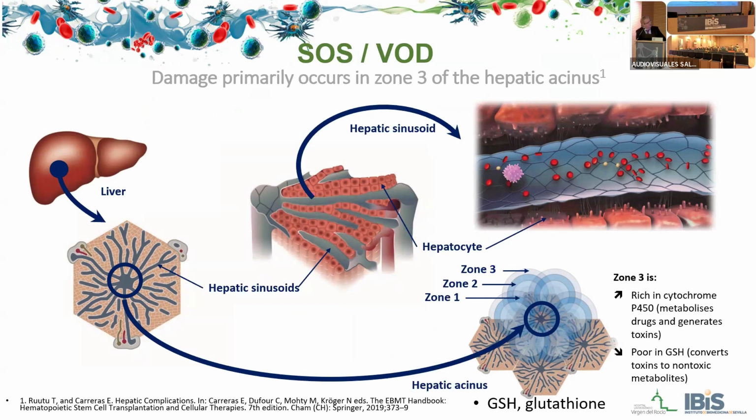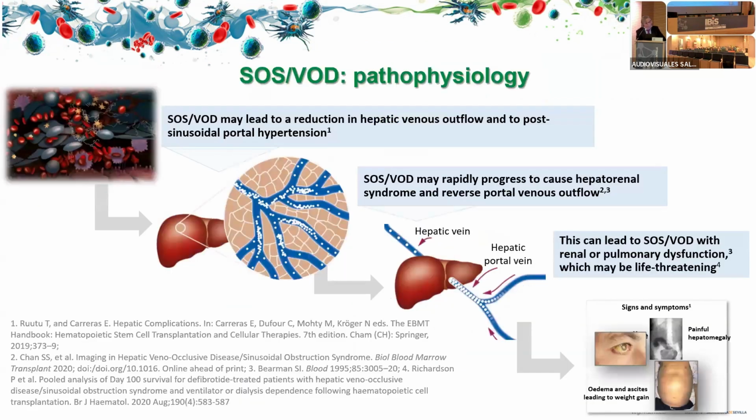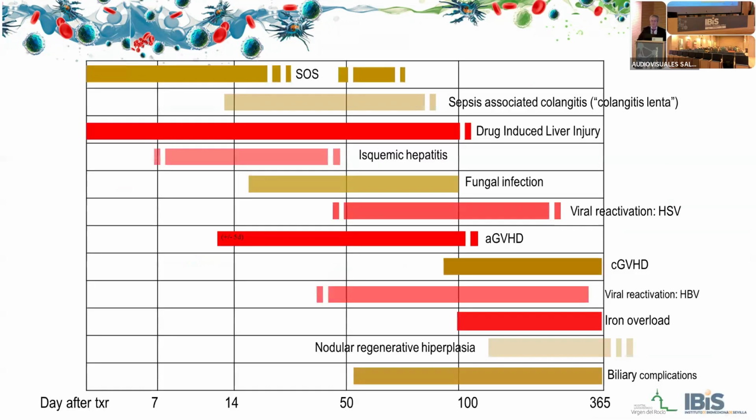In this case, these are the endothelial cells, which when they get altered, basically allow the passive transition of cells from the blood to this space of Disse, and basically they are going to induce a blockade of the outflow at this level, favoring the clinical symptoms which characterize this complication and will be, as I say, discussed later on.